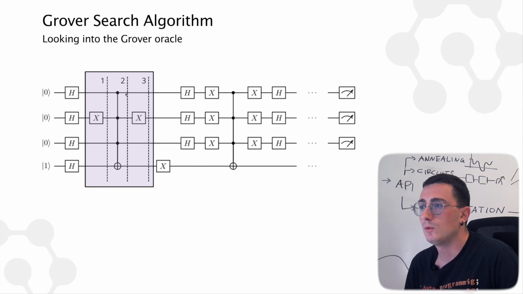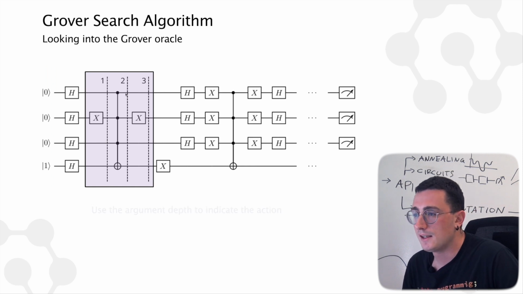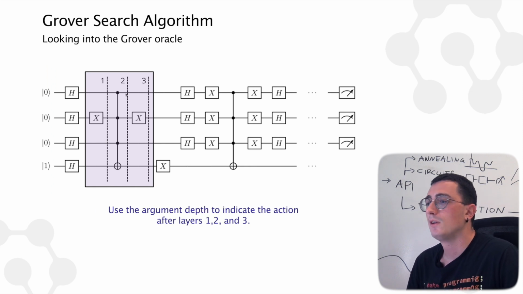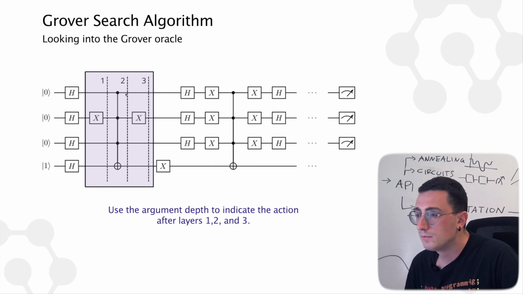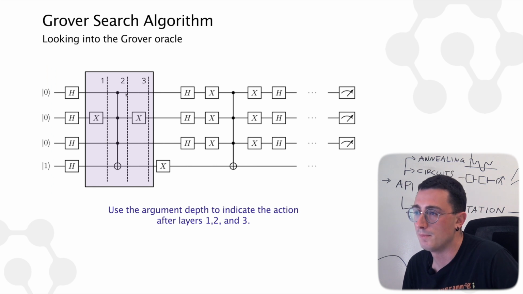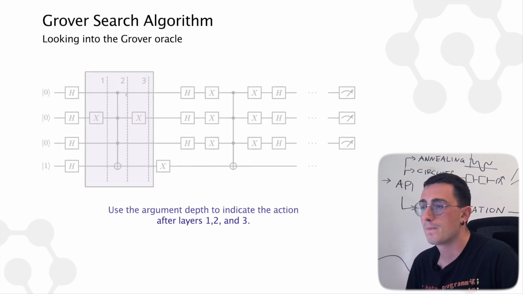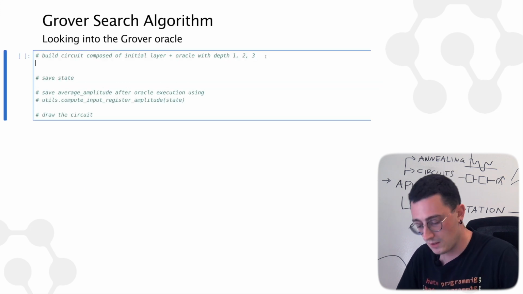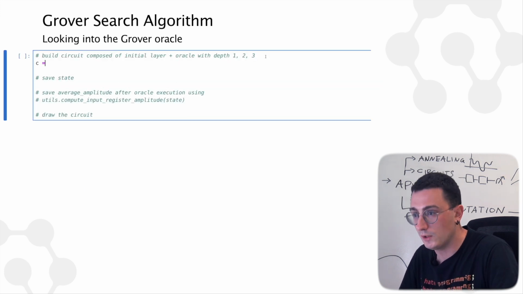With the code, we can do it quite easily because we modified the build oracle function by adding an extra argument depth. And you can simply call it by setting depth equal to 1, 2, or 3. And this will stop the amplitude at the barriers. Perfect, so we can say, okay, our new circuit is C equal to.